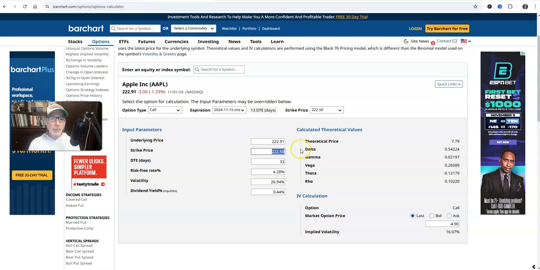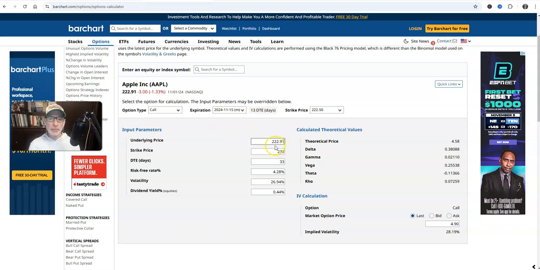And for most people, they're looking at out of the money call options because those options cost less. Out of the money for a call option is when the strike price is situated above the current stock price.